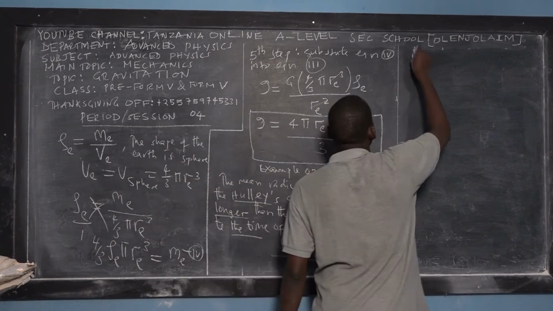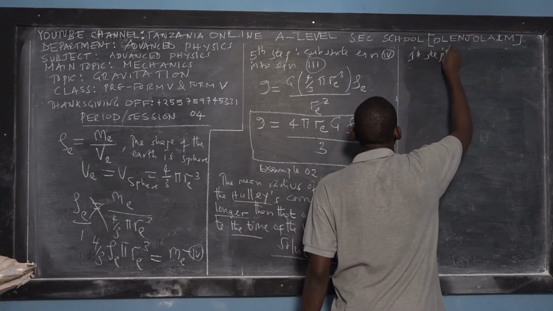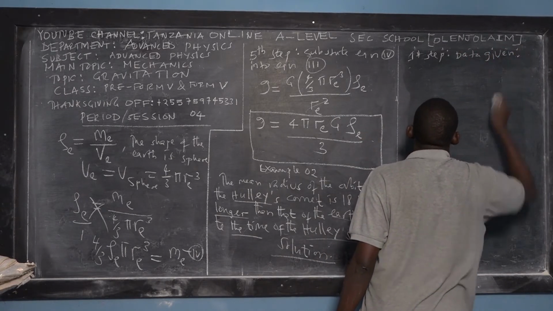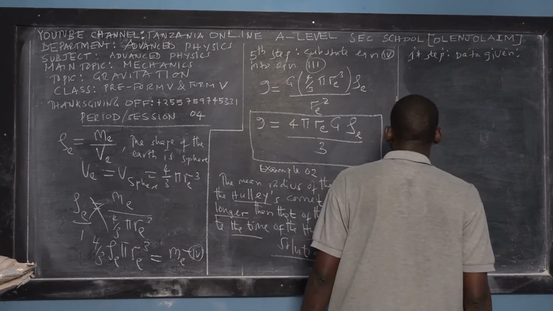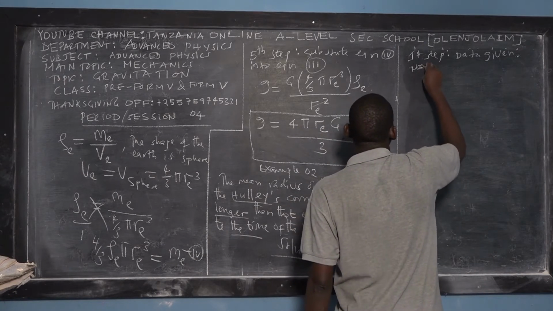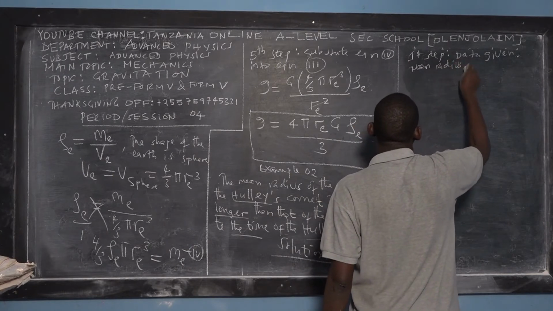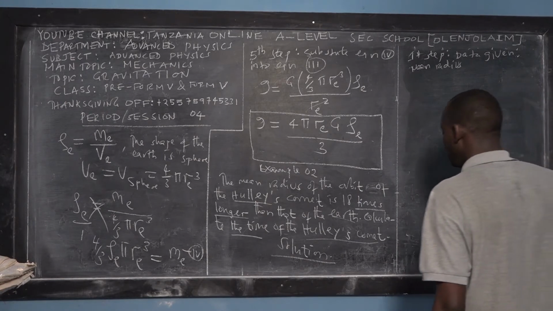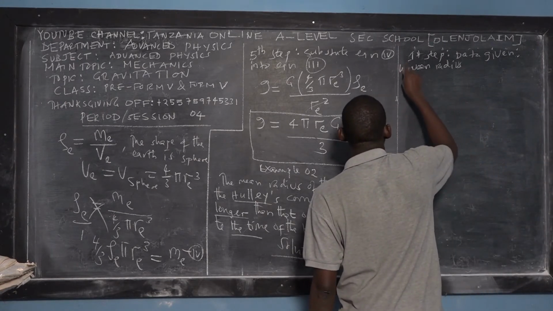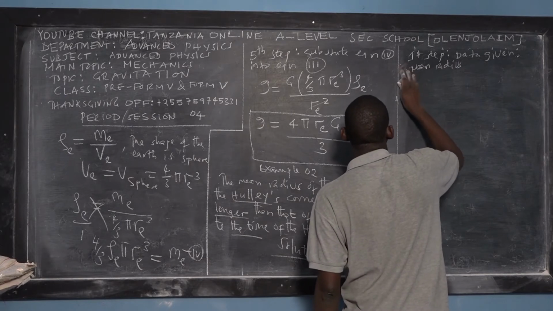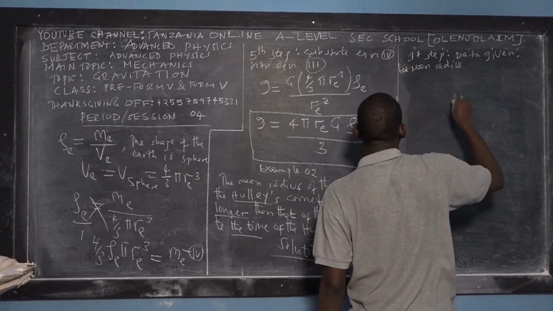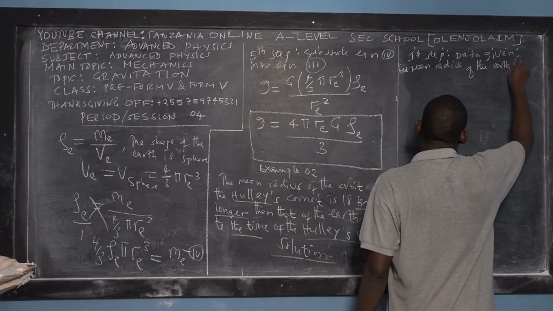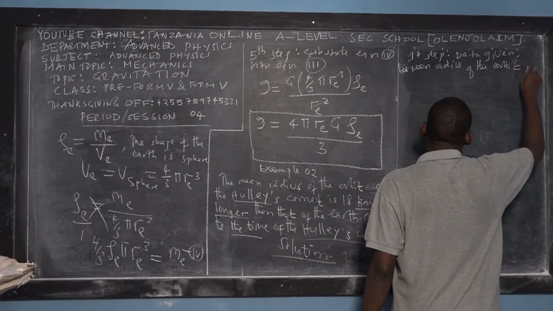Solution. Let us go to the first step. Let us analyze the data we've been given. The data given is that the mean radius of the orbit of Halley's comet is 18 times longer than that of the Earth. So here we let the mean radius of the Earth be equal to RE.